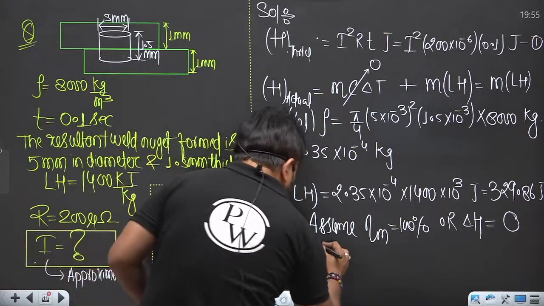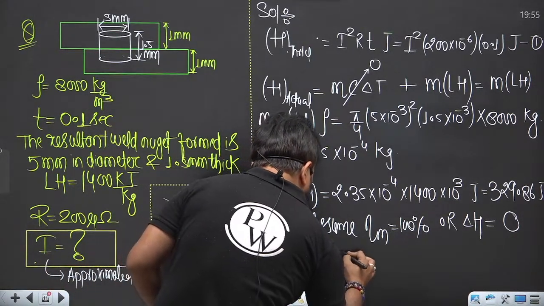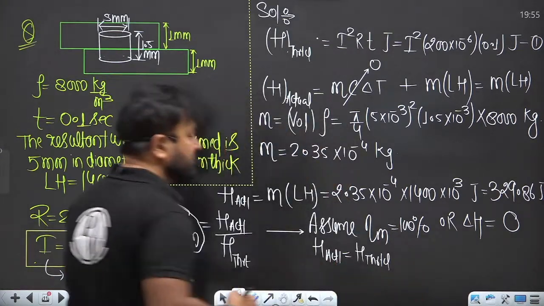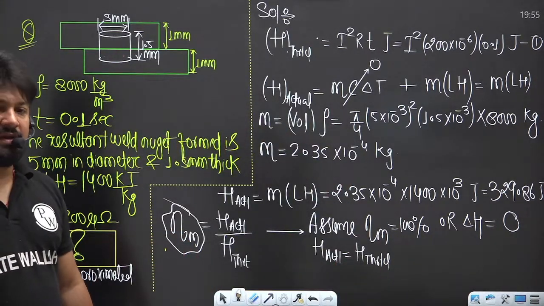According to this, we can write H actual equals H theoretical.